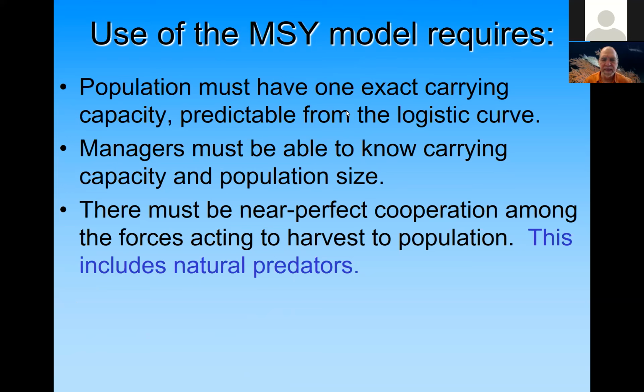Well, one idea is that the population must have one exact carrying capacity, which is predictable from the logistic curve. Okay, well, we can already see that one exact carrying capacity assumption is quite fallible. Because in the example of the anchovy, the carrying capacity in a non-El Nino year is up here, and then when the El Nino conditions come along, and El Nino conditions can last for several years, the carrying capacity is actually reduced very significantly.